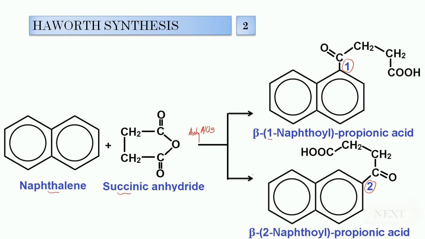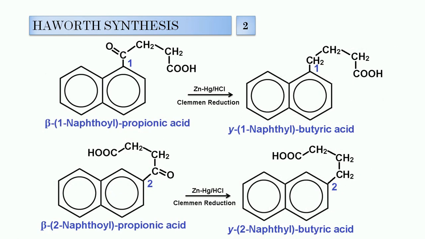Then these 2 keto acids undergo Clemmensen reduction in the presence of zinc, mercury and HCl mixture, and the reduction occurs at these positions, and it gives gamma-1-naphthyl butyric acid, and in this case gamma-2-naphthyl butyric acid.